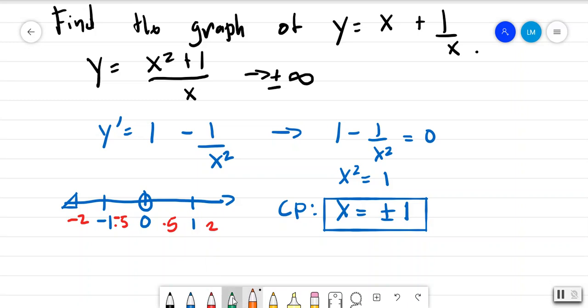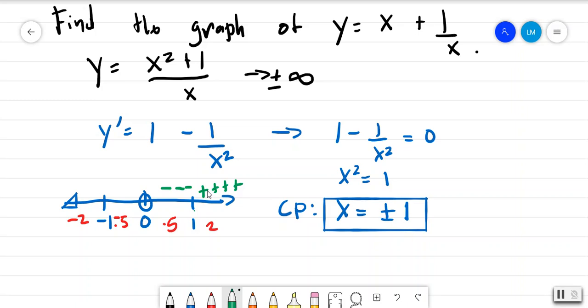But if I plug in 1/2, that's actually going to be negative. What that means is that I have a min at 1, comma 2. Oh no, not that, 1 comma 1.5.